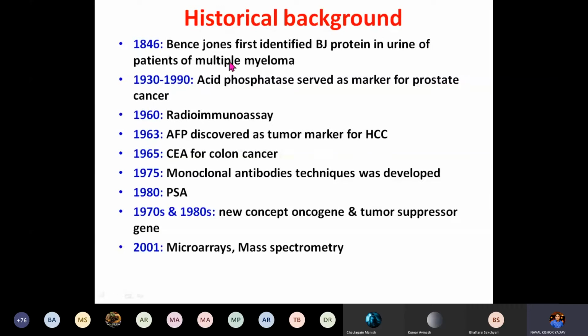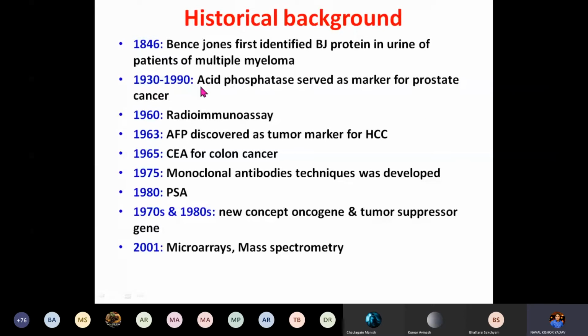In that patient, they found the protein in the urine sample, and he gave the name Bence Jones protein. This is the first marker you can say, found in 1846 for multiple myeloma.